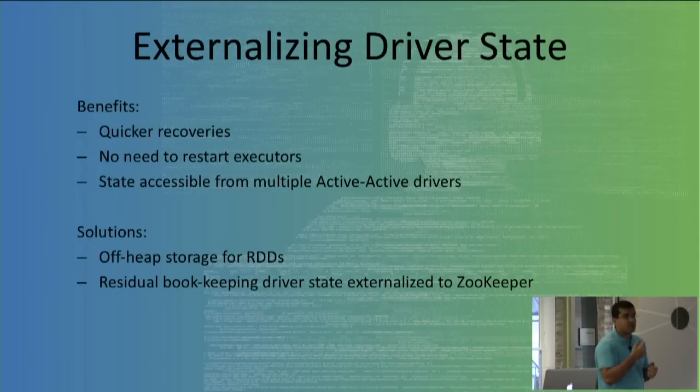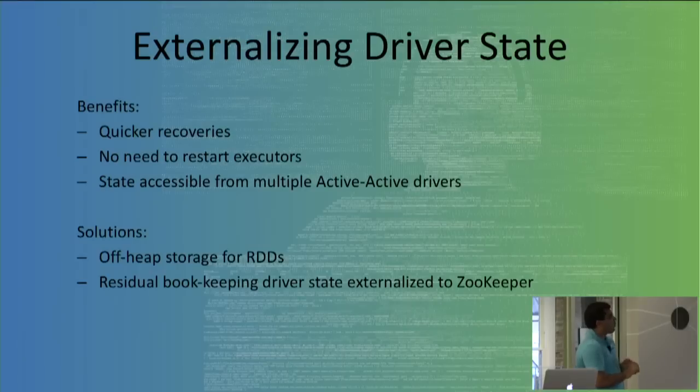Your new driver comes up, it reads the state, it knows where all the executors are. You don't need to restart executors, you don't need to reconstruct the state. You're back where you started, right? What's more, you could take it a step further. You could have active drivers which are synchronizing on the state. So you don't even have the downtime of a single driver going down and you're trying to bring it back up, right?